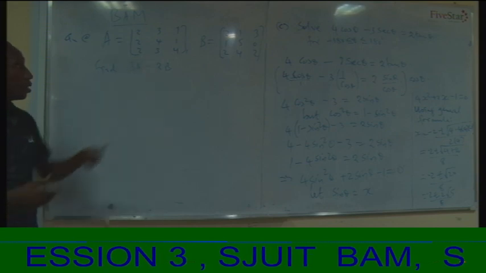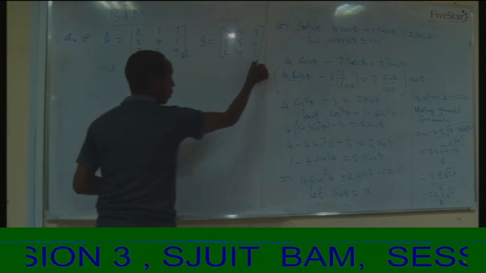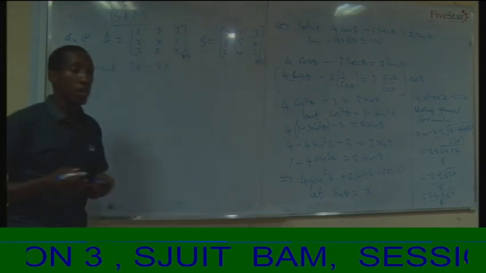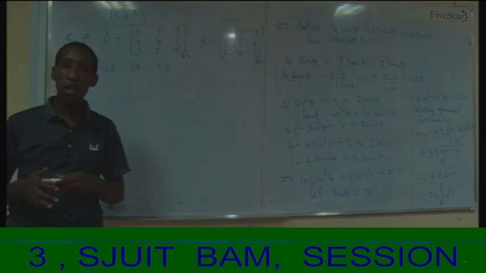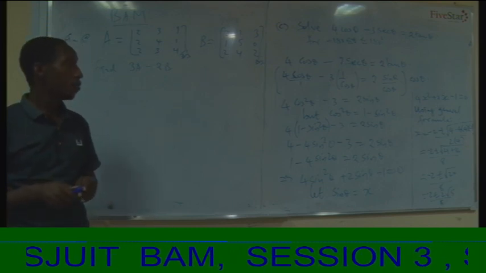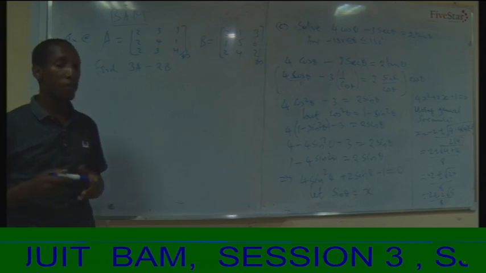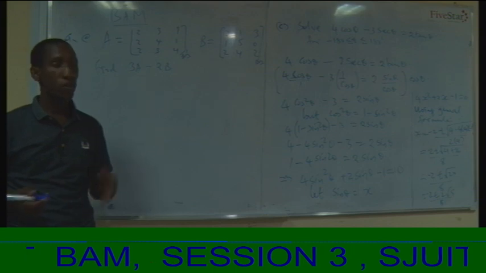We have a 3 by 3 matrix, and this is also a 3 by 3 matrix. Remember, adding or subtracting matrices is possible only when the matrices are of the same order. If we have matrices of different order, then it will not be possible to add or subtract them.